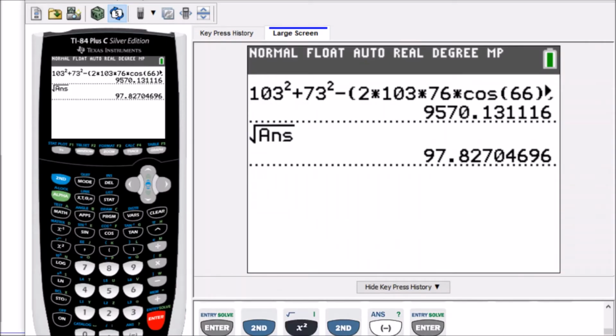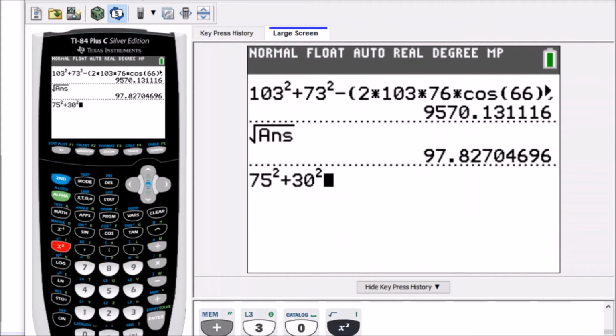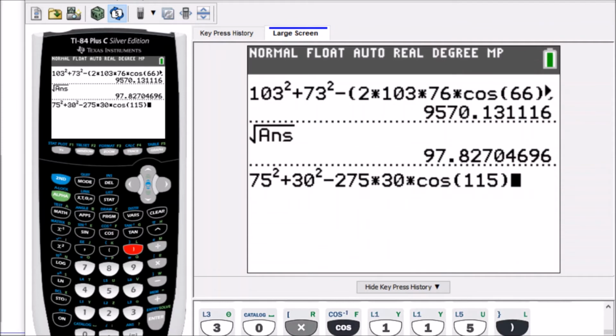I do 75 squared plus 30 squared minus, and again, your calculator will do this right. If you don't include the brackets here, it's not the end of the world because it knows to do multiplication before any subtraction. So it knows to do 2 times 75 times 30.